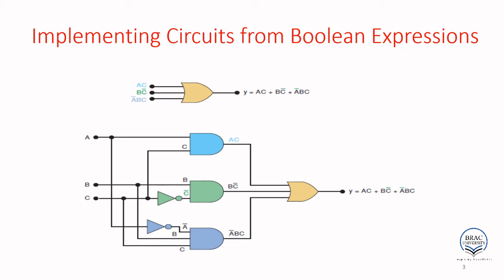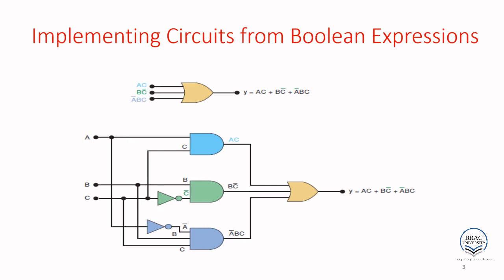So AC, BC prime. Then your A prime BC. So A is inverted. Show it this way. This is A inverted. Then B and C. This is A prime BC. Altogether they are connected by an OR gate, that means AC plus BC prime plus A prime BC.